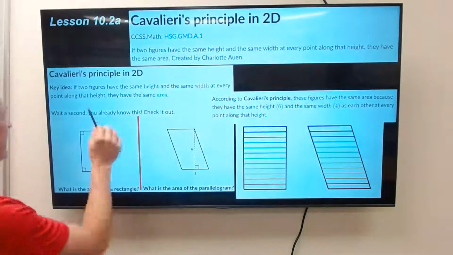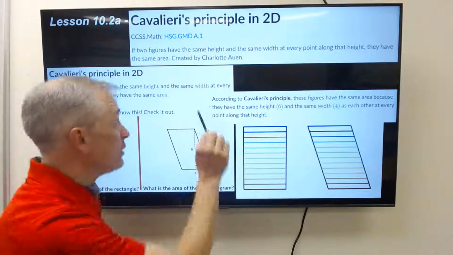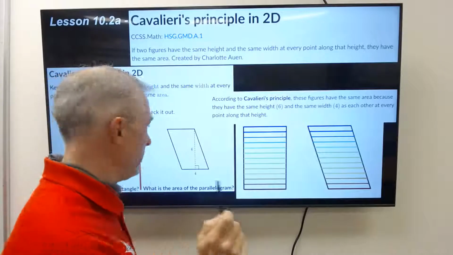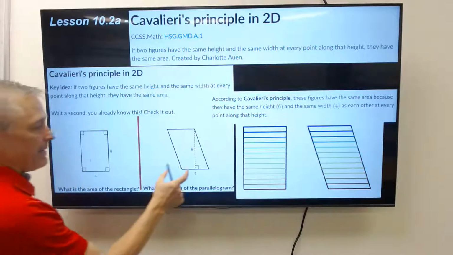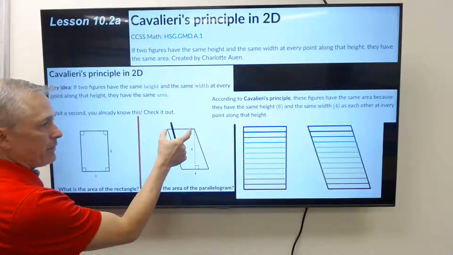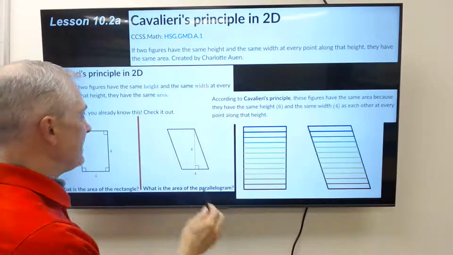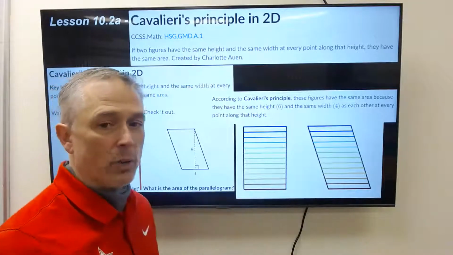Now, the key idea is that 2 figures have the same height and the same width at every single point. And that's where they try and trick you a little bit. This has the same width. It's 4 here, 4 here, 4 here, 4 here, just like this picture. That gives us 4 times 6, an area of 24.